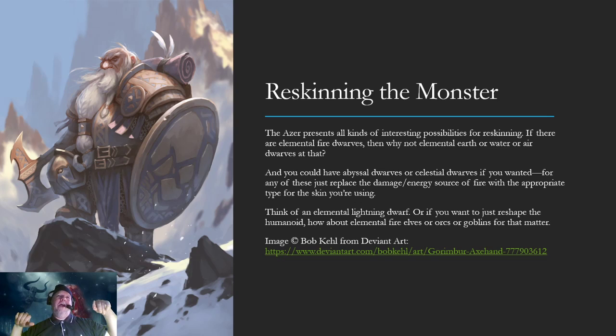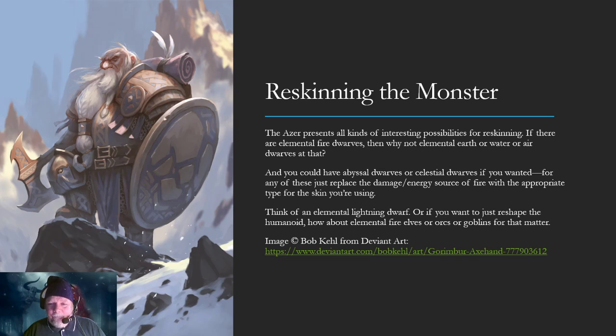So for something celestial, it might be good to swap it out from fire to radiant. For earth elemental dwarves, from fire to acid. For air elemental dwarves, fire to thunder or fire to lightning. All these kinds of things that you can do with that.